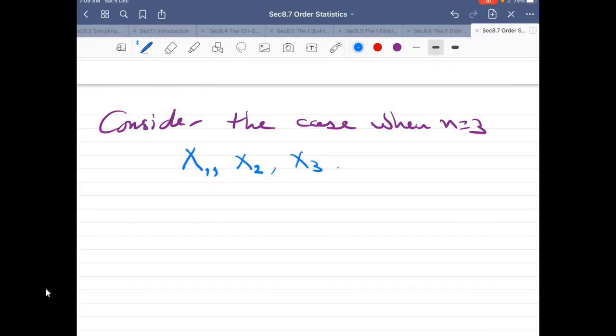y1 is the smallest, y2 is the second largest, and y3 is the third largest.